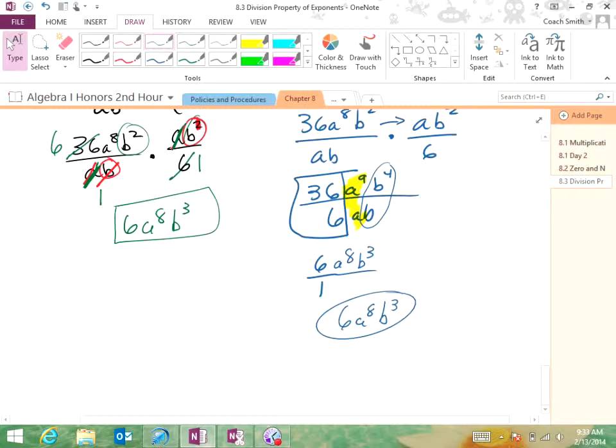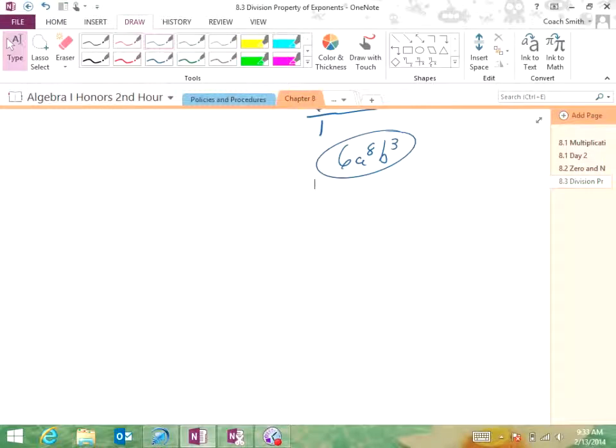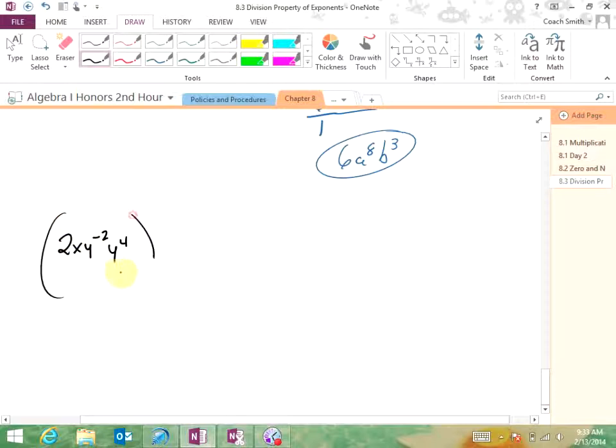All right, let's look at 48. Last one of the day. 2xy to the negative 2nd, y to the 4th. They're just really making this a lot more complicated than it needs to be.